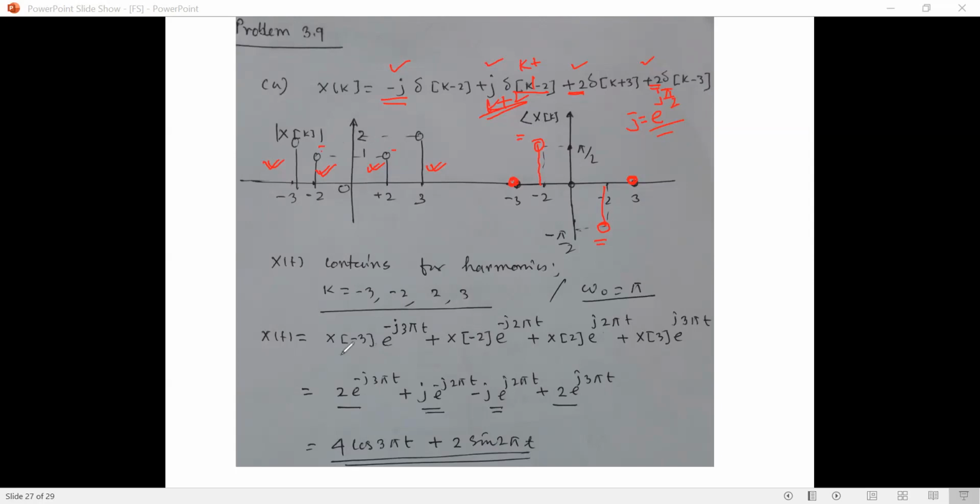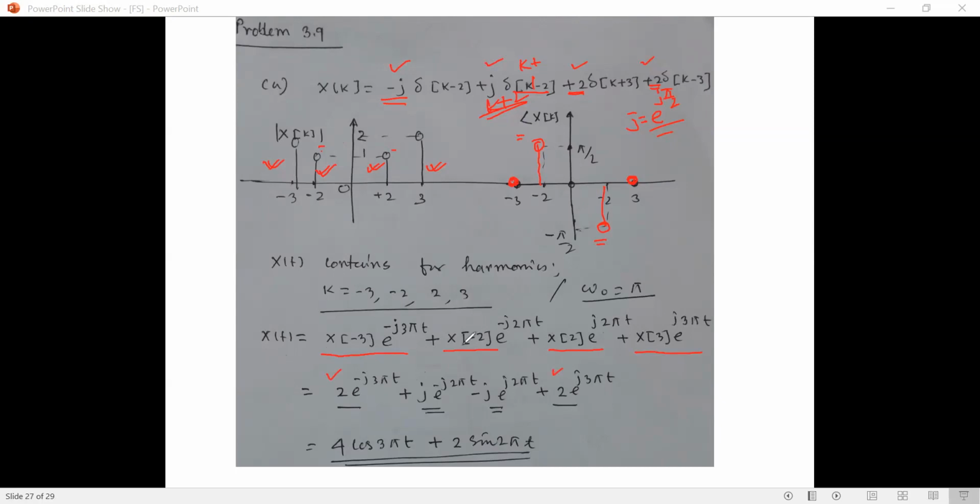Now, if we want to write our sum, then we have our 4 terms. This is for k equal to minus 3. This is for k equal to 3. And this is k equal to minus 2, k equal to 2. You put the value of your X minus 3. X minus 3 is equal to 2. Your X plus 3 is also equal to 2.